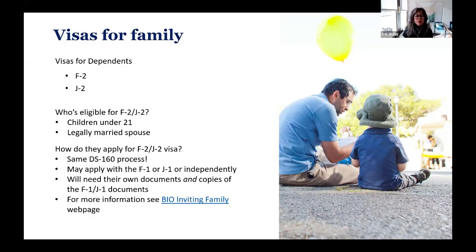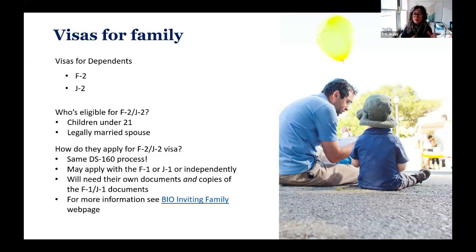How do they apply for the visa? It's pretty much exactly what we just went through. All the things are the same. They can apply together with the F1 or J1 or independently. They will need copies of their own documents and copies of the primary status holder's documents.